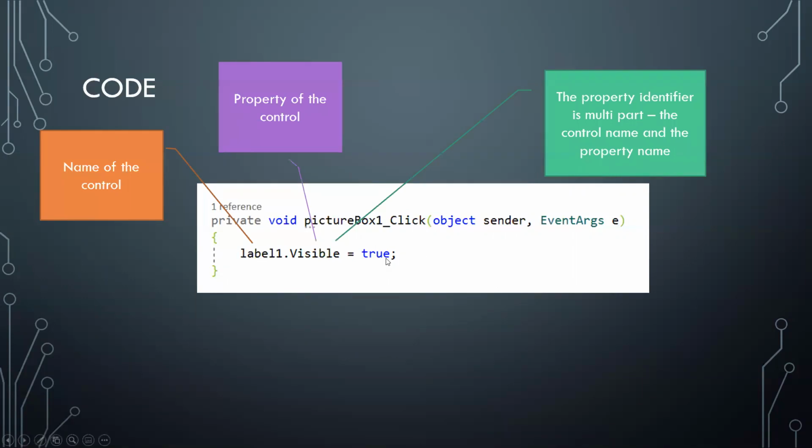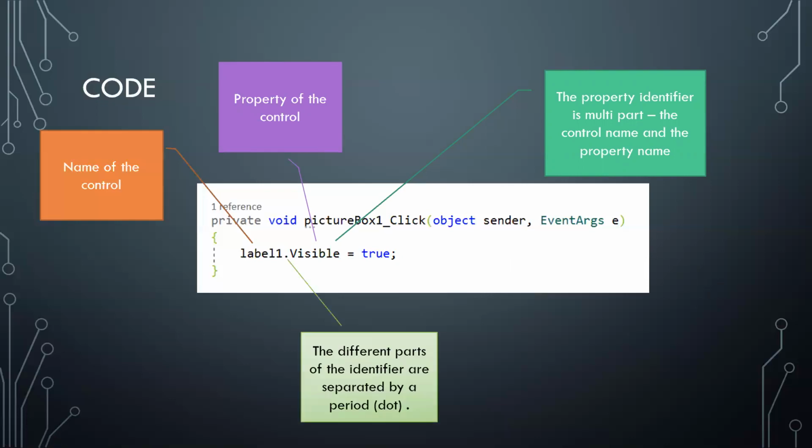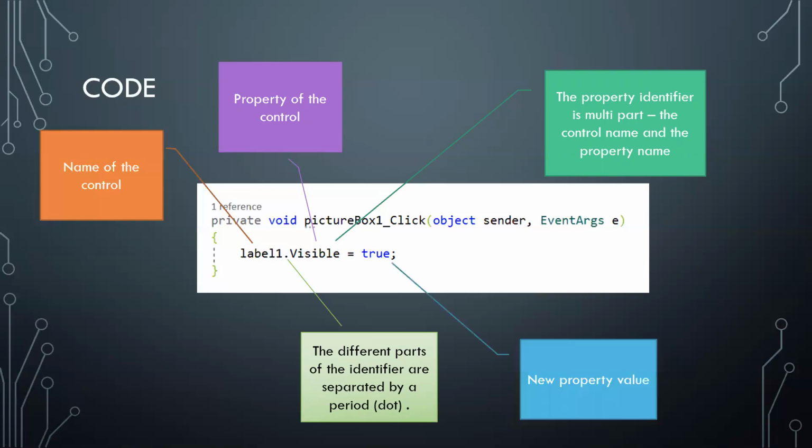Sometimes you'll get a compile error if you leave out that property. Sometimes you won't, and it'll just confuse things. But we always have to have our control followed by an individual property. The different parts are separated by the period or dot, and our new property value is on the other side of the equal sign. So we can summarize what all those different parts are.